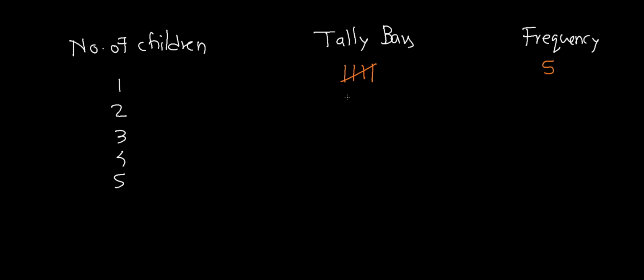So we'll write down in tally bars 1, 2, 3, 4, 5, 6. Sorry, the tally bars are written in this way: 1, 2, 3, 4, 5 and 6. This is the correct way. And how many families have two children? 6 families.